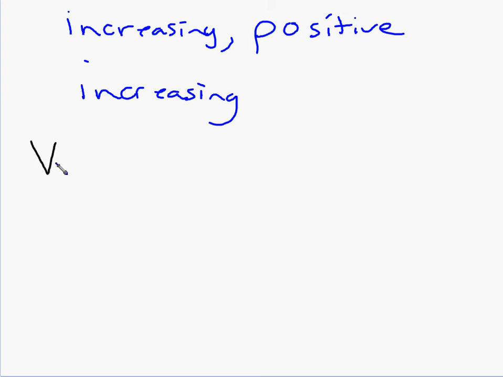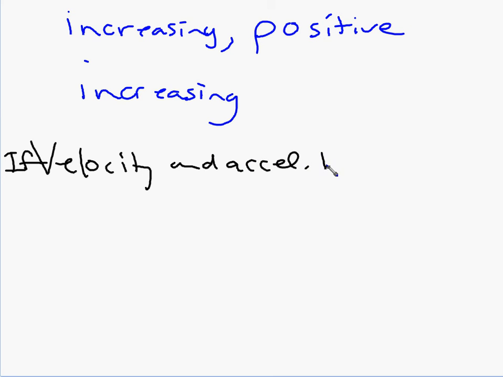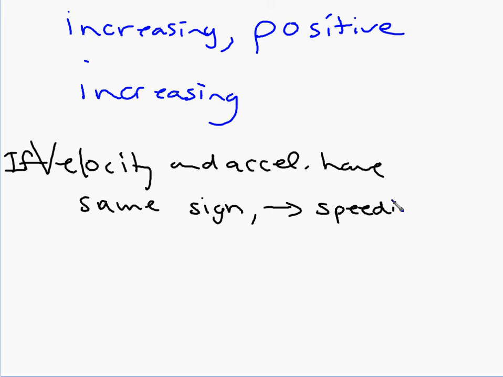If velocity and acceleration have the same sign, and we're talking about positive or negative, then speed is increasing. Or we can just say speeding up. And that is whether they are both positive or whether they are both negative.